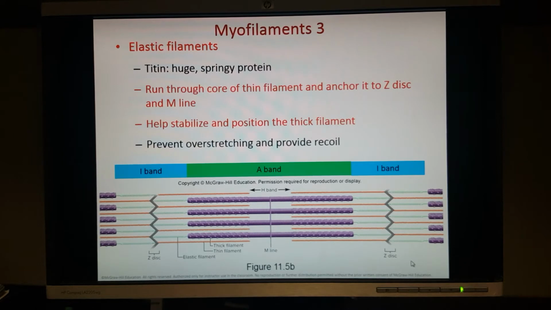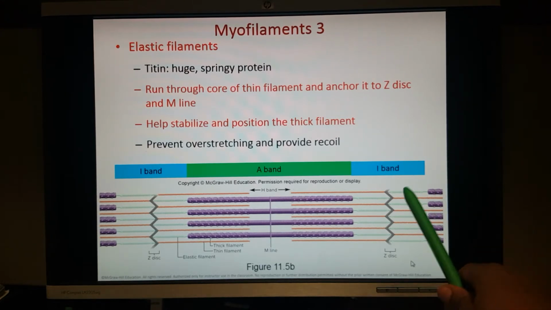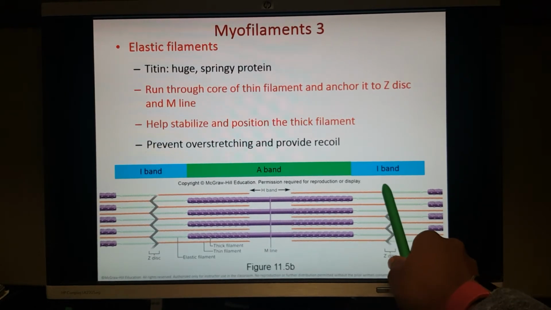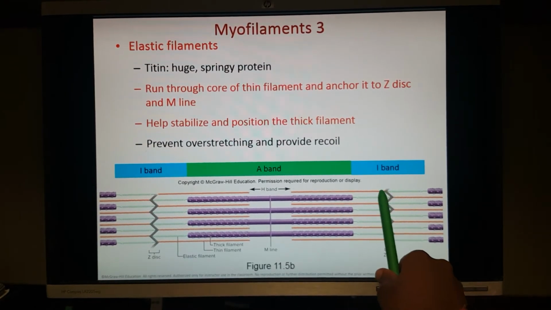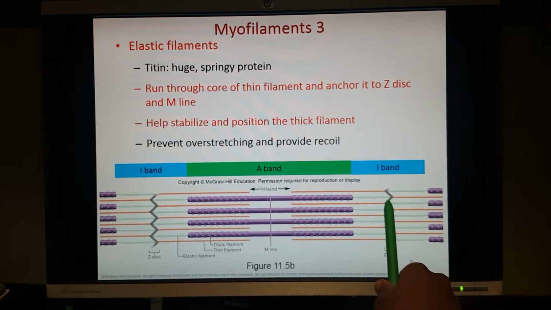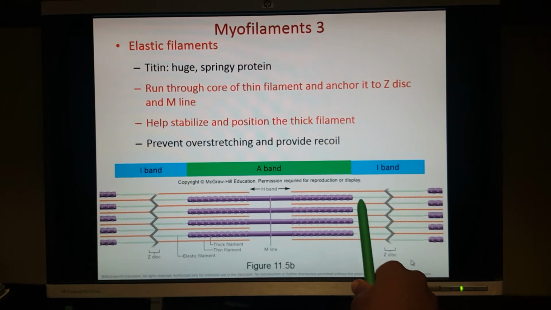The last type of filament that's involved with your muscles are your elastic filaments. Like their name says, they're elastic, they're stretchy. They are also anchored to your Z-disc. Your thin filaments here, in the orange color, and our elastic filaments, also anchored to our Z-disc, are in the green color here.